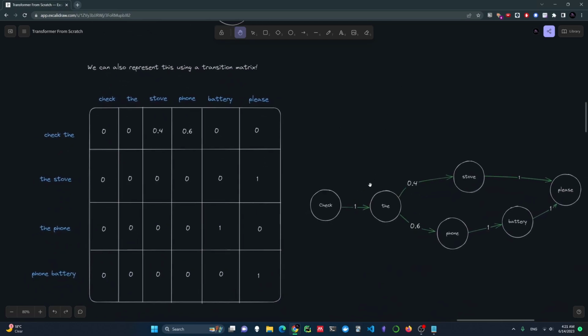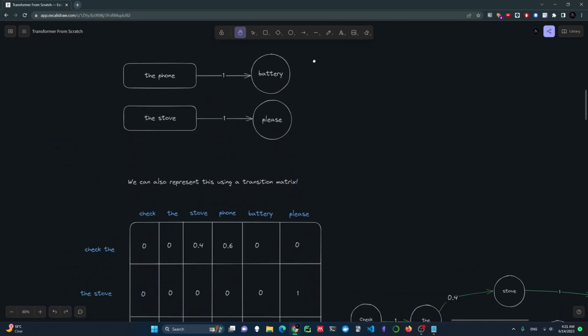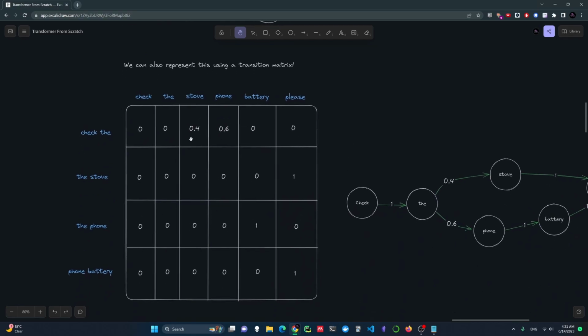So this is the first order sequence model, just to remind you. And so the probability of stove coming after check the is 0.4, and phone 0.6. Notice how the row must sum to 1, because it's probability. So if we sum up the entire row, it should add up to 1.